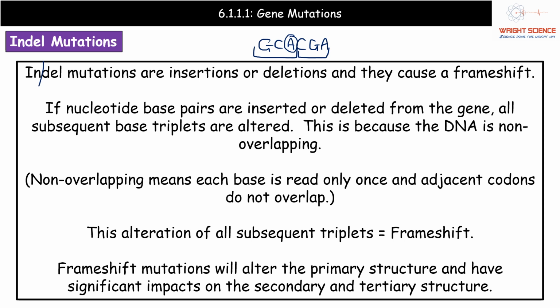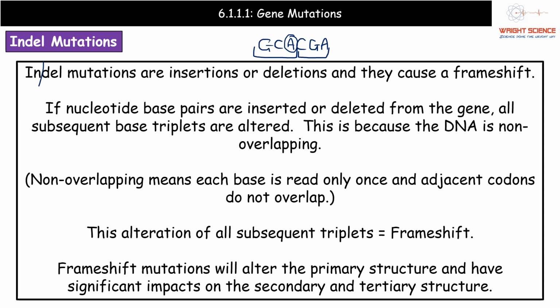And that's because our DNA is non-overlapping. So that just tells us that each base is read only once, and these adjacent codons do not overlap with each other. Therefore, if we are inserting or deleting a base or a couple of bases here, then we are going to cause an alteration to all triplets that come after that point.